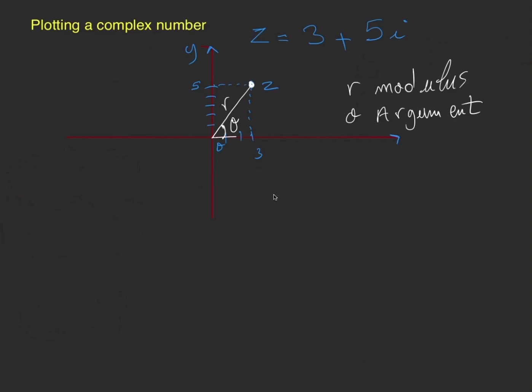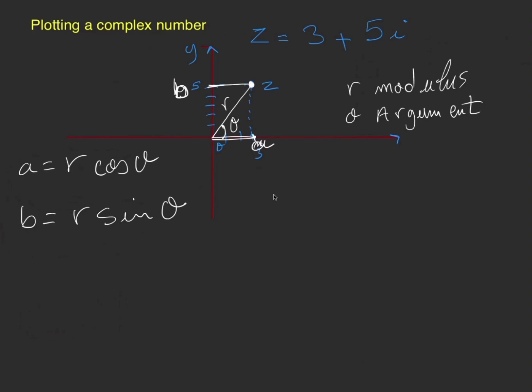If we see this here is x, and this is y, so in this case this is a, and this is b. Therefore a is equal to r cosine theta, and b is equal to r sine theta.